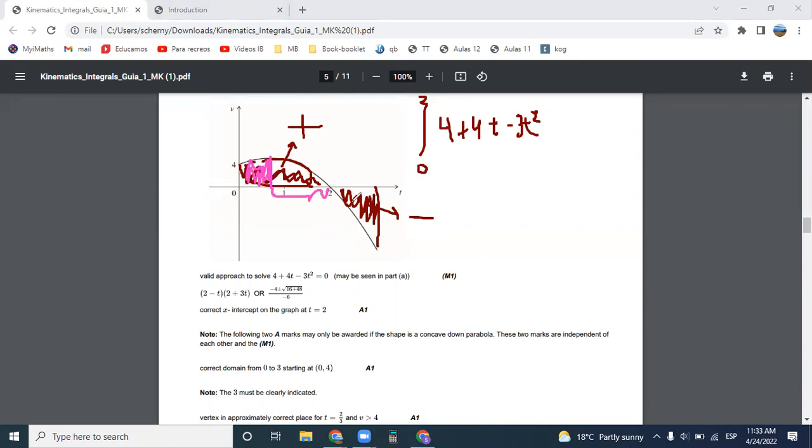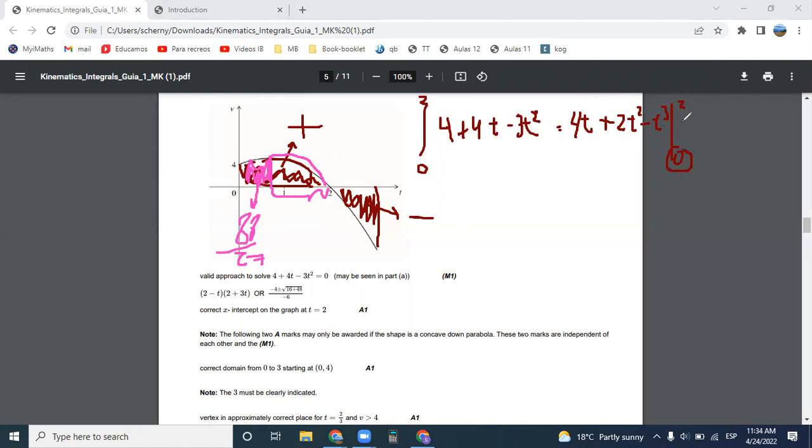So we could do it with 2 ways, either calculating the missing area and adding it up to the 88/27, or just calculating all at once, and I will do that, okay? So the area here at the beginning is, again, 4t plus 2t squared, as we already said before, minus t cubed, evaluated at 2 and at 0.